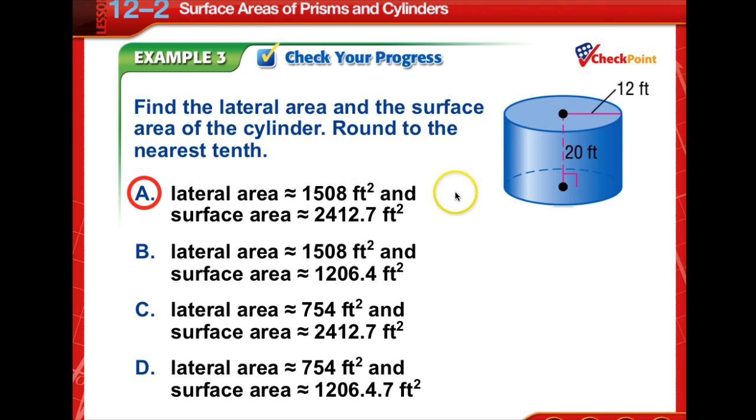I substitute that into the formula for the surface area, and the base is 2 times pi times 12 squared. So that's 904 plus 1,508 gives us 2,412.7.